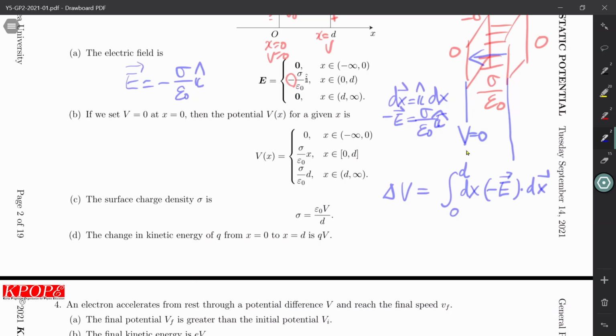Therefore this is the integral from 0 to d of sigma over epsilon 0 dx.